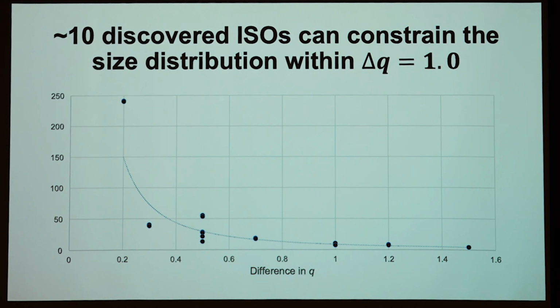So a sample size that is estimated we might get in LSST might help us constrain the size distribution a little bit. And we would need about 50 to constrain it to within about half. So we're going to need a lot of interstellar objects. I think it's 240 to constrain it to within 0.2. So that's reaching a bit far, but maybe one day we'll get there.